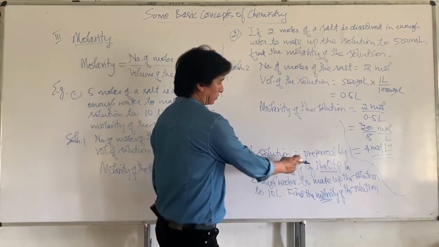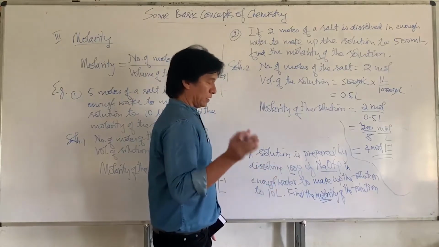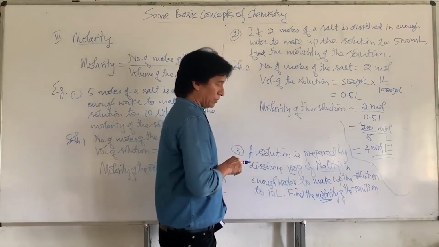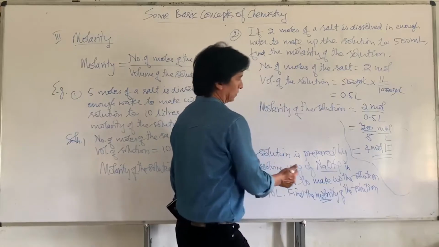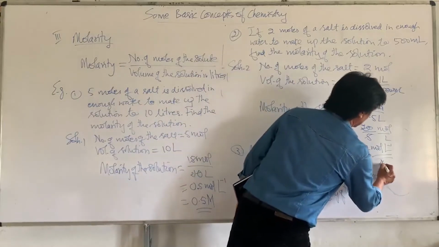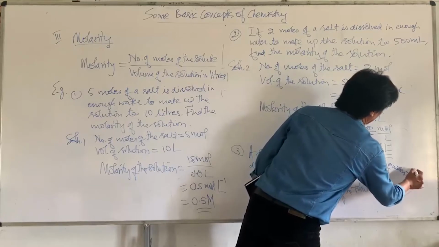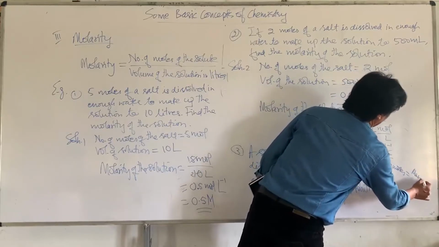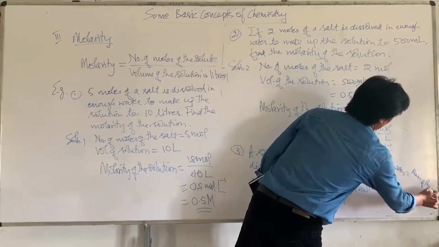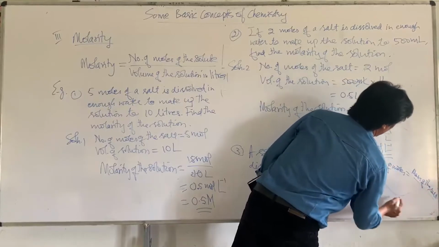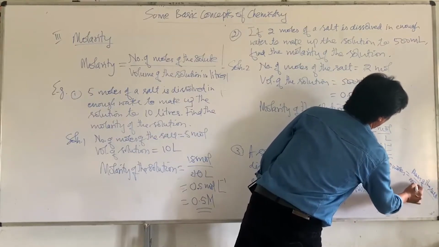Now you will have to divide this 100 grams. Number of moles is given by mass of the salt, the given mass, divided by molar mass of the salt.